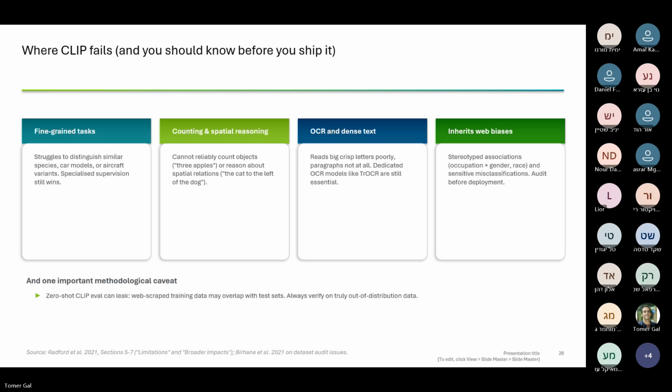OCR: the statement is that it reads poorly, and dedicated models for OCR are still state of the art. And it has some web bias, some stereotypes, because the web doesn't necessarily give you a full reflection of reality. So anyway, it's biased toward that.